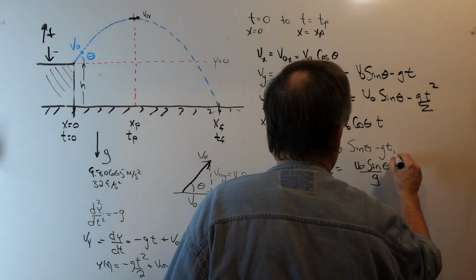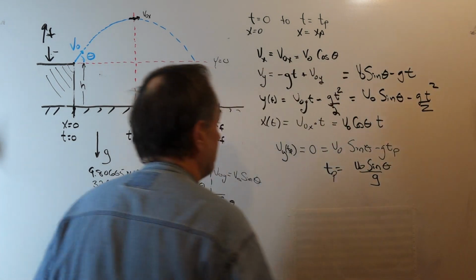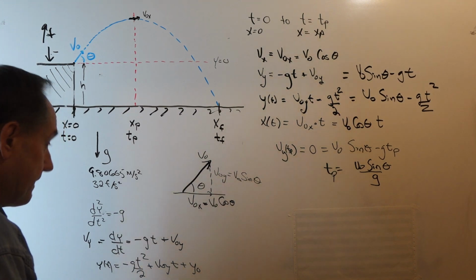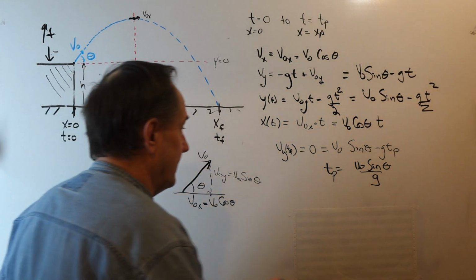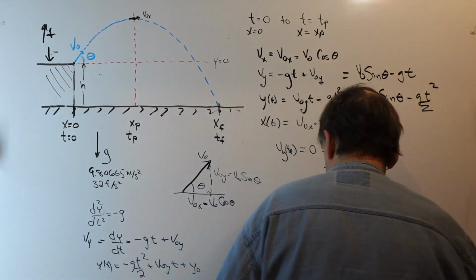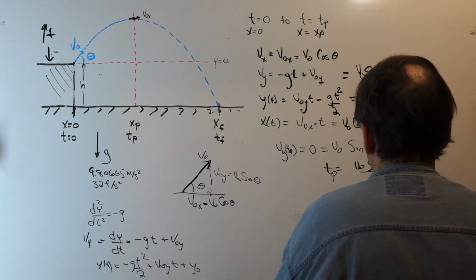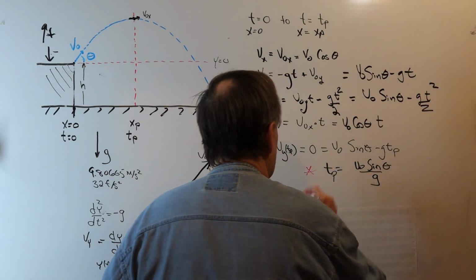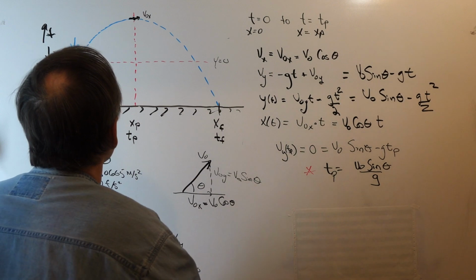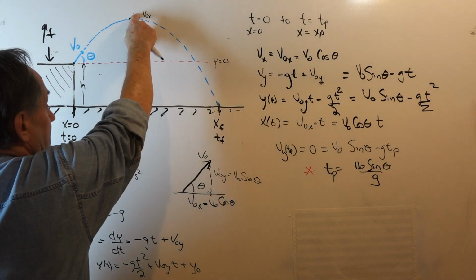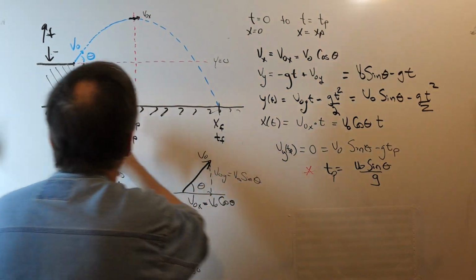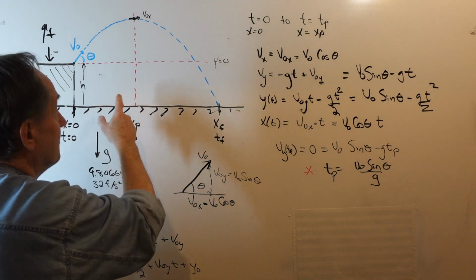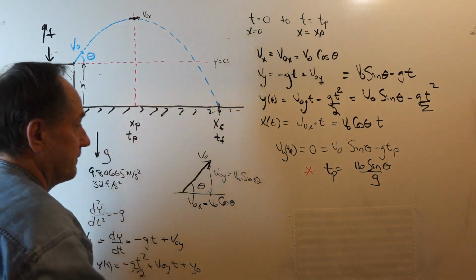That gives us the time to the peak. So here's our first known quantity, the time that it takes to get to the peak. That's how long it takes for the projectile to move this far.